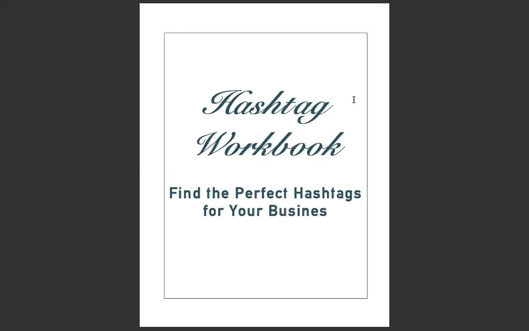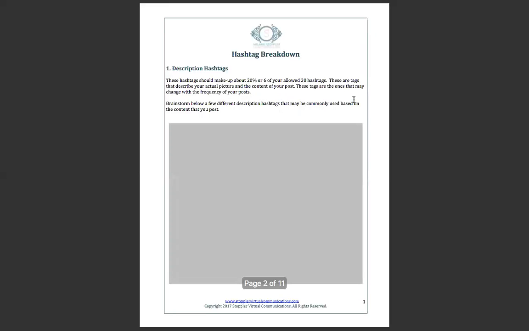Okay, so we do know that because they are important, we should still be targeting the right hashtags for our account, and that is what this hashtag workbook is designed to do, to help you find hashtags that are perfect for your business and for growing your Instagram account. The beginning section of this workbook is going to talk about the different types of hashtags that you should be using.